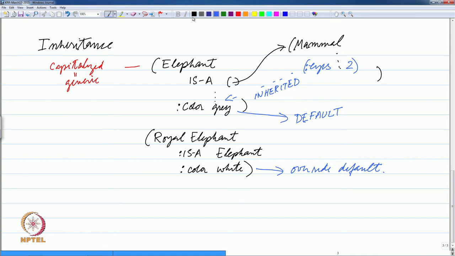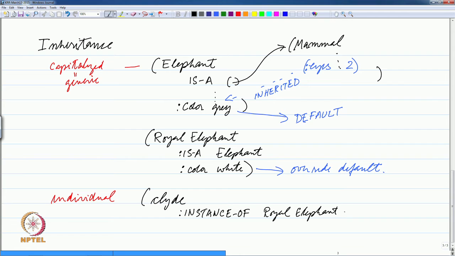And then I could have another frame. This is an individual frame, because I have used a lowercase letter, and I could have this instance of, and so on.